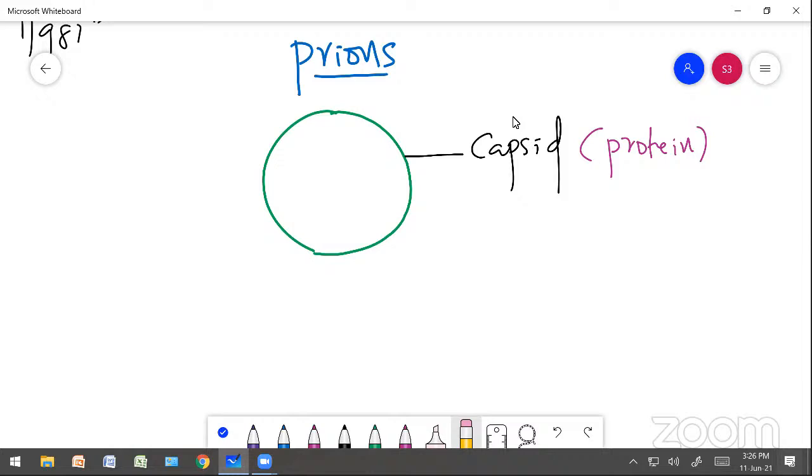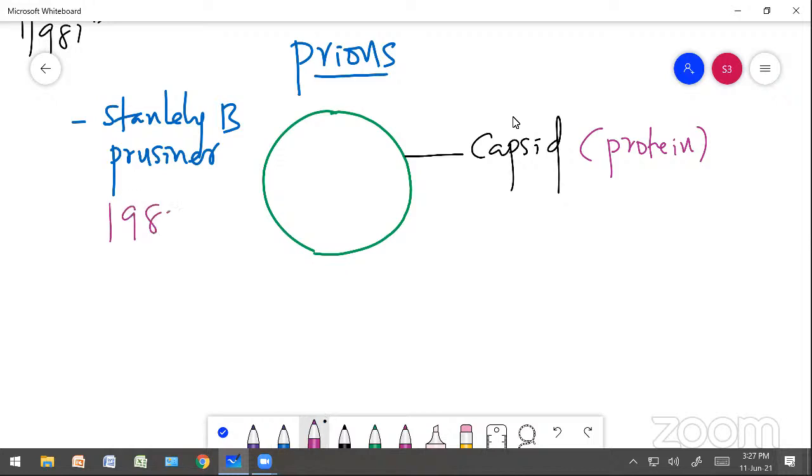It was first discovered by Stanley B. Prusiner in the year 1982.